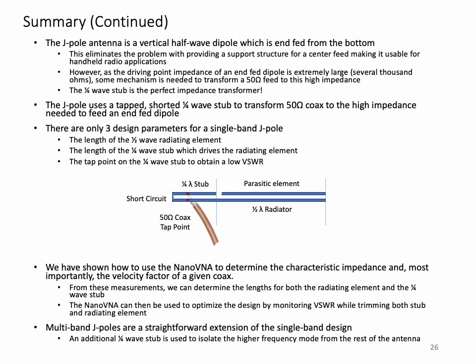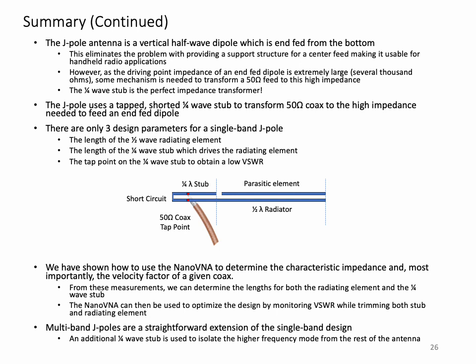And as we saw, and had several examples to illustrate how that behaves, a quarter wave stub is a perfect impedance transformer. So the J-pole uses a tapped, shorted quarter wave stub to transform the 50 ohm coax to the high impedance needed to drive the end-fed dipole.